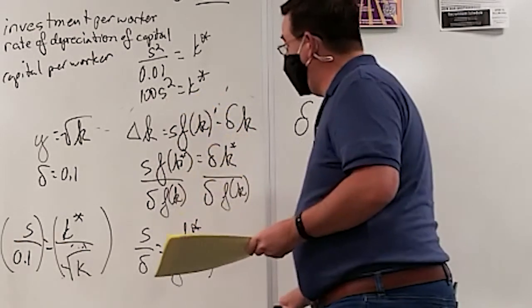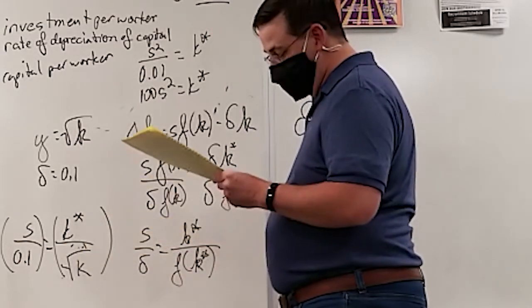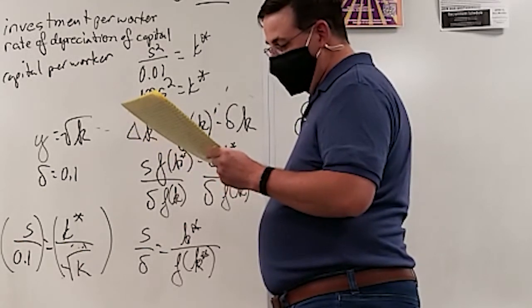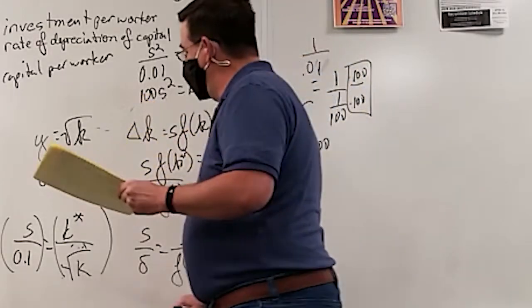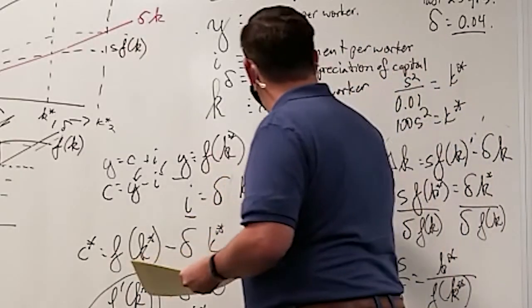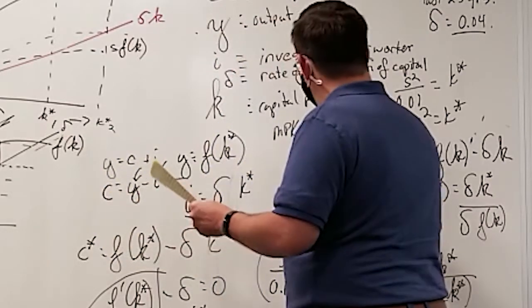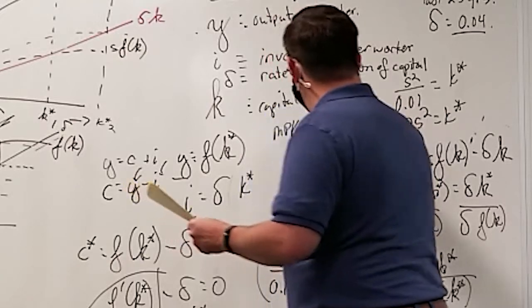And then I need at least some other information to find a solution here. And one that the textbook recommends is the marginal productivity of capital. Marginal productivity of capital is equal to 1 over 2 square root of k.